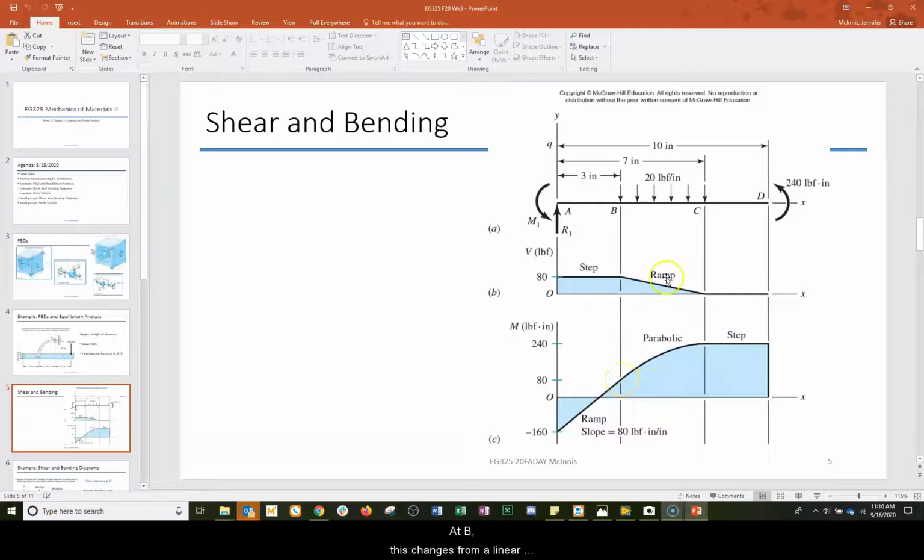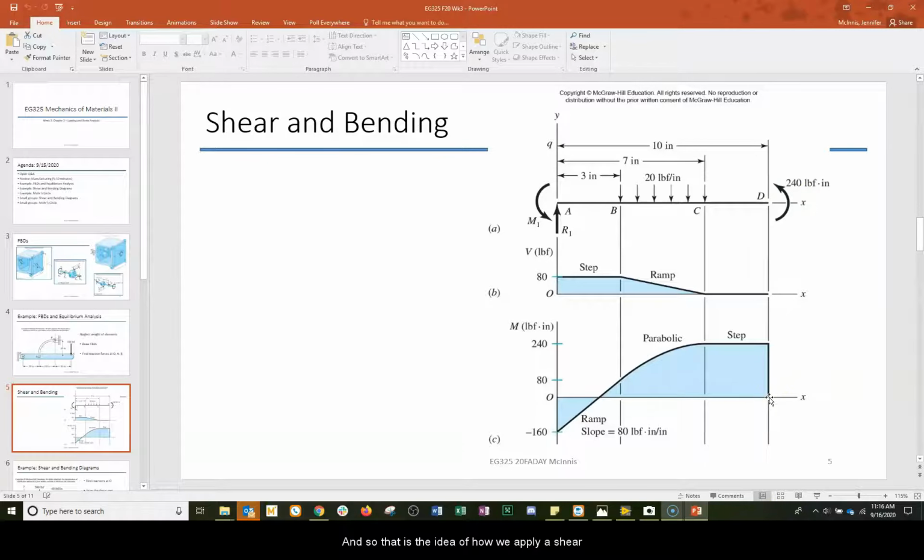At B, this changes from a linear shear diagram to a parabolic or quadratic, very specifically, function that from B to C gets to the quantity of D's applied moment, because from C to D my moment stays constant and my bending moment then steps down by the applied moment D to 0.